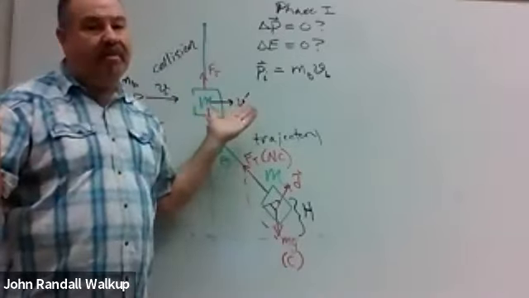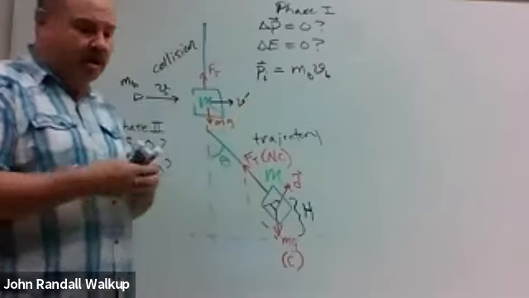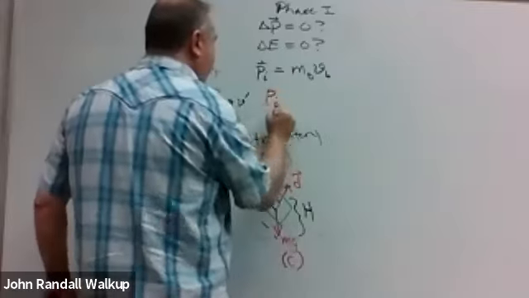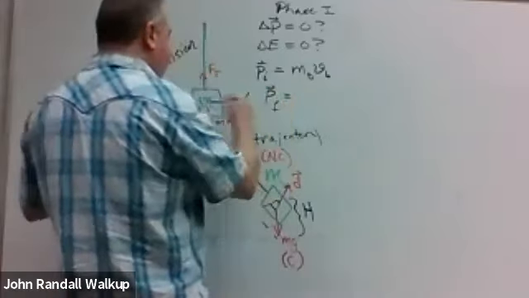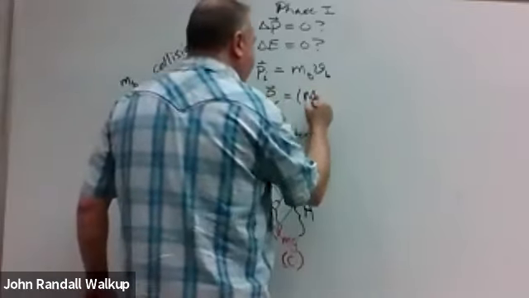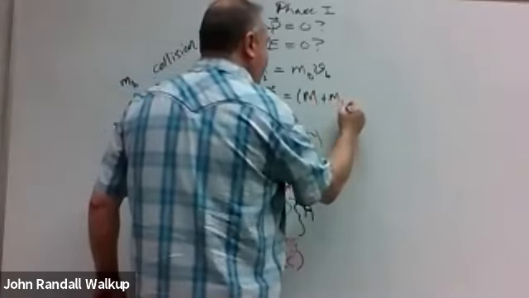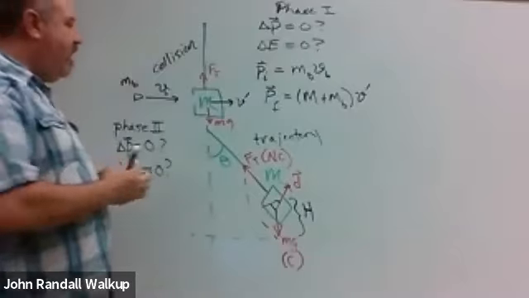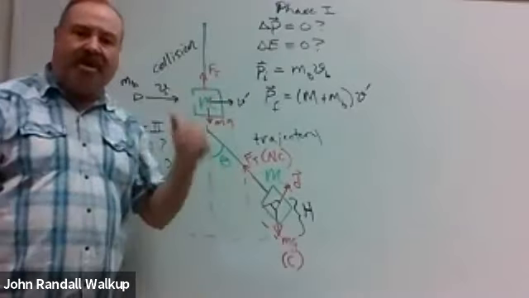We don't know what V prime is, but we know it's there. So after the collision, P final is the combined mass, big M plus M sub B, times V prime. And notice V prime and V sub B both point to the right, so they're both positive.